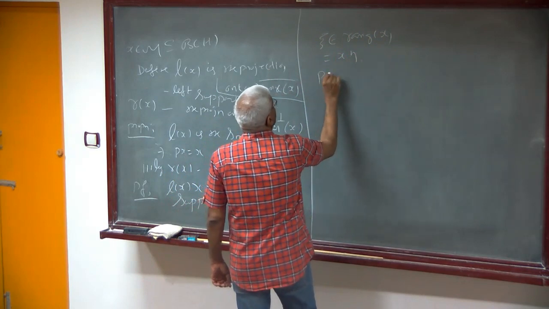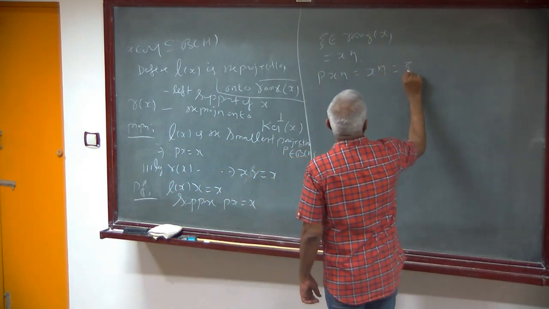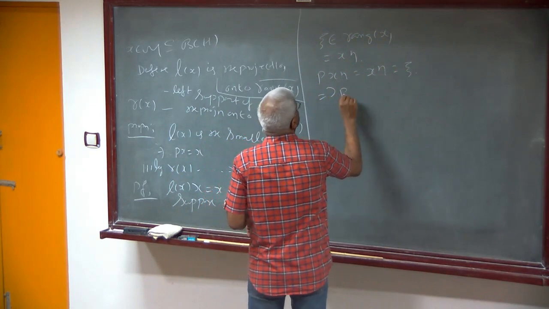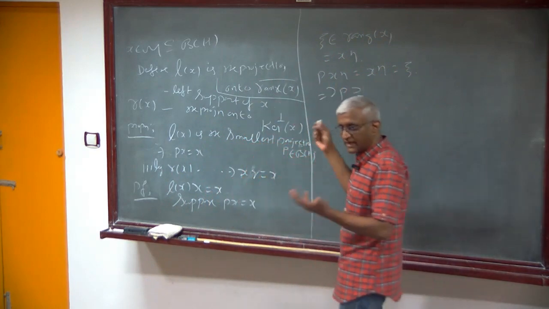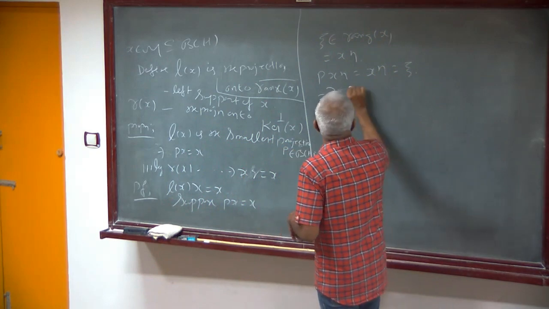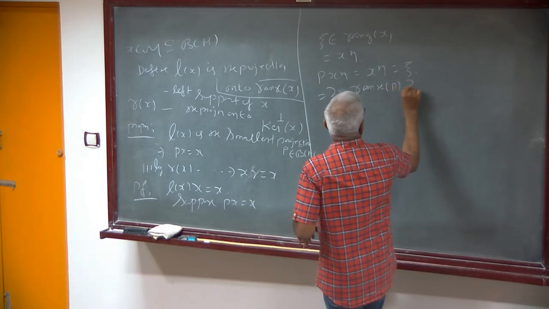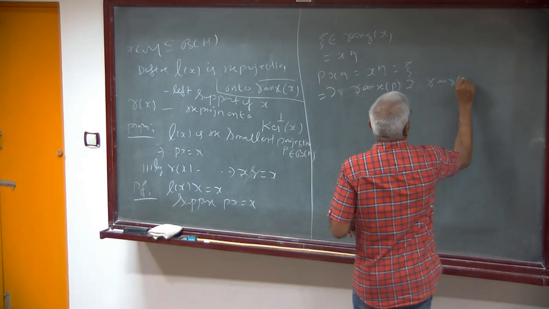Then P acting on X eta equals X eta, which equals xi. So P is identity on the range of X. So the range of P contains the range of X.